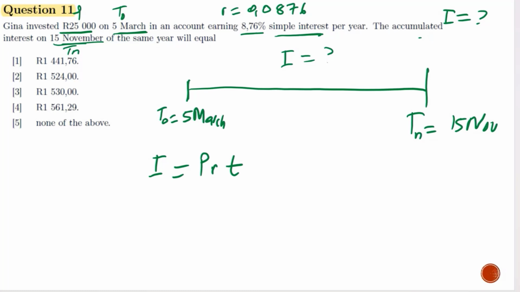You've got your P is 25,000. You've got your R, it is 8.76%. The time, you are only given the dates. Remember in the previous example, about the guy who invested money for so many years. Now you need to calculate the number of days between 5th of March and 15th of November.